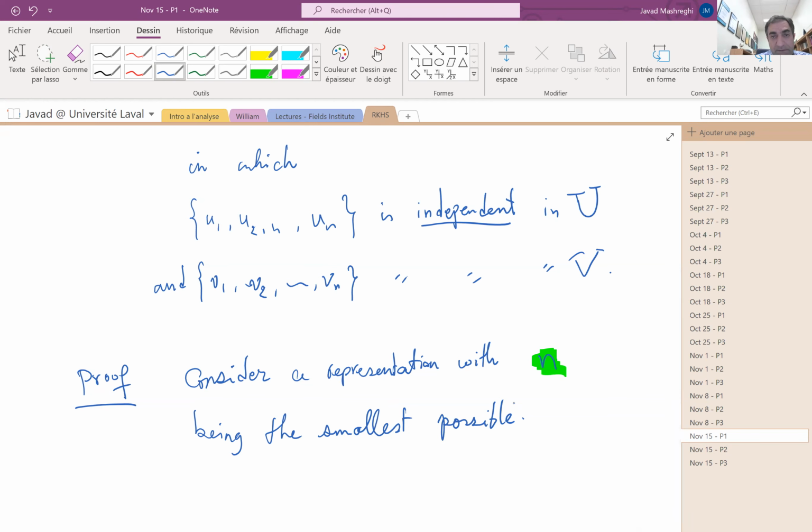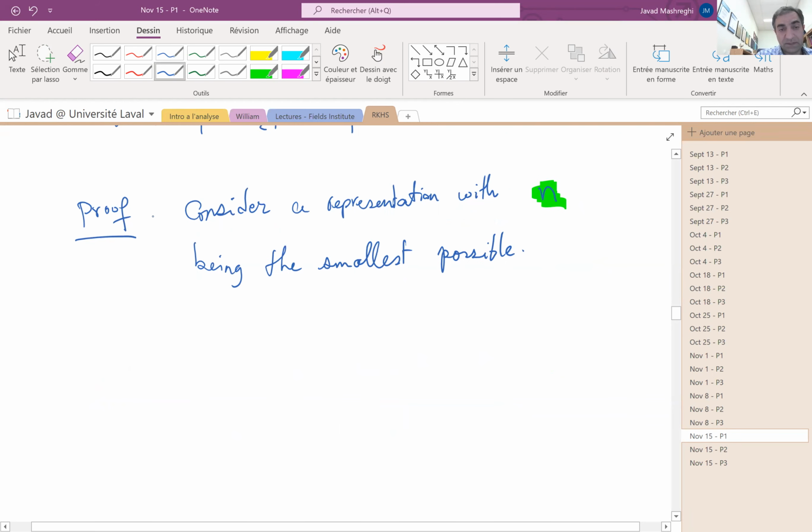And I claim that any representation with n, the smallest possible, has this property: u1 up to un are independent in U, and v1 up to vn are independent in V. Now to do this, assume this is not true. Assume u1, u2, un are dependent, and I will find a contradiction.